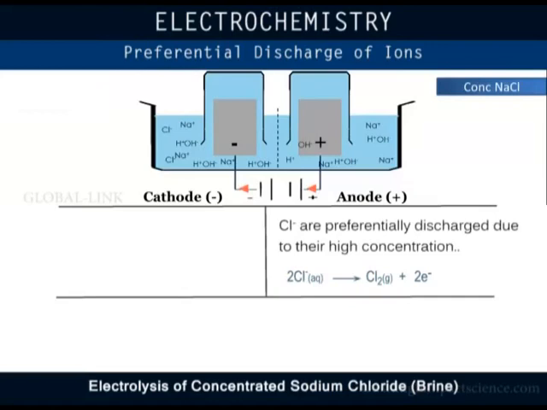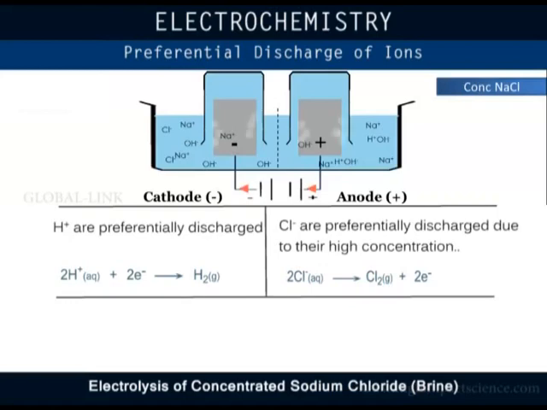At the cathode, the same reaction occurs. The hydrogen ions are preferentially discharged over the sodium ions. They are reduced to form hydrogen gas. This is because despite their higher concentration, sodium ions have a very low tendency to gain electrons.